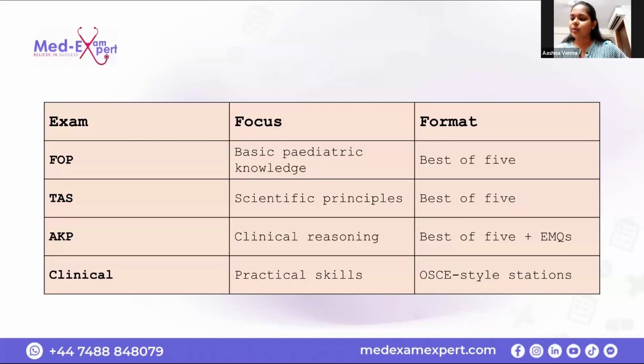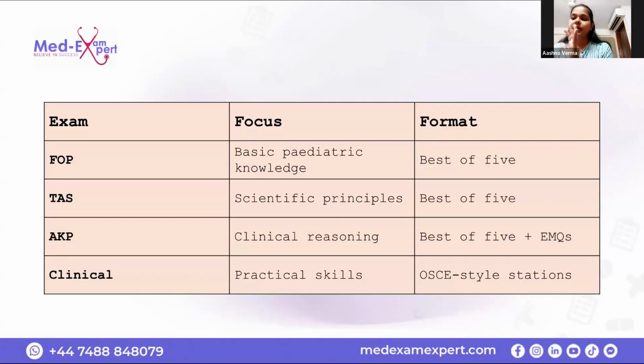So you need to tell them that there is deficiency of mineralocorticoid, there is deficiency of glucocorticoid, and there is excess of androgen and sex steroids. Okay, and that's the principle behind the salt wasting crisis, and also virilization in females, and also precocious puberty in males, right? So this is relating with the pathology behind congenital adrenal hyperplasia, and it's somewhat correlating to the clinical aspect of pediatrics, right? So that's the difference between questions that you get in FOP and TAS.